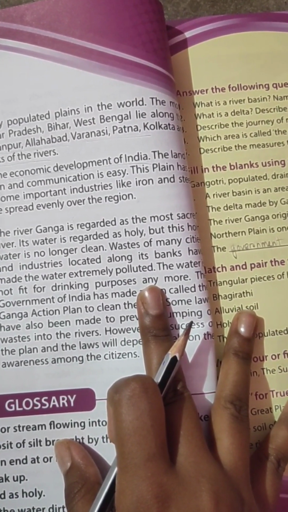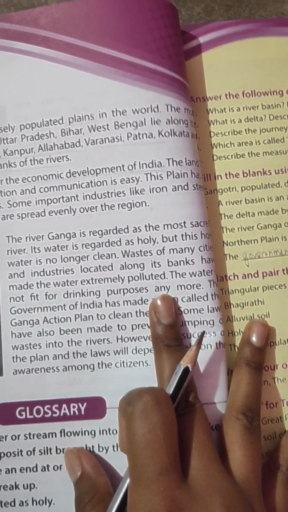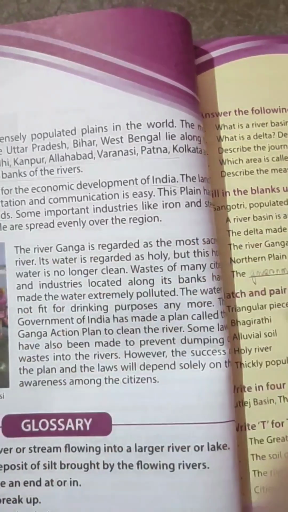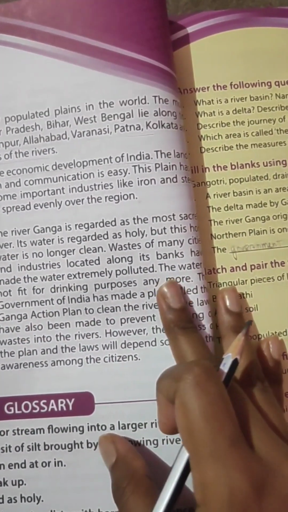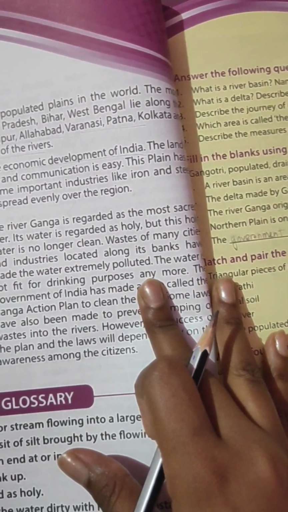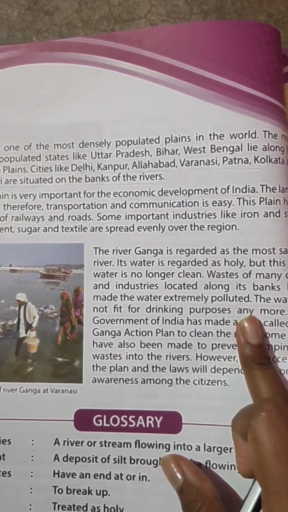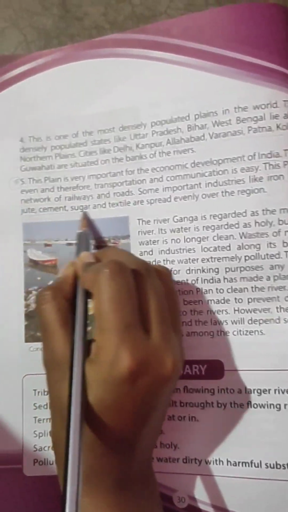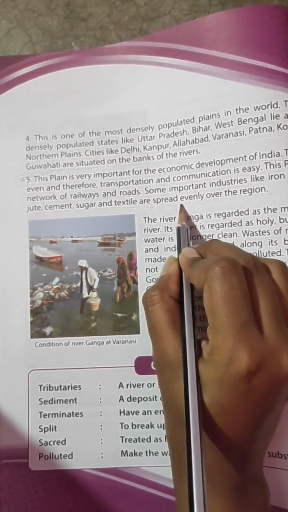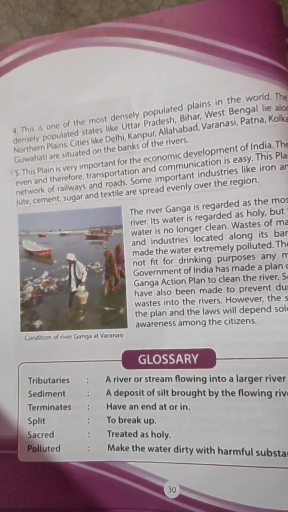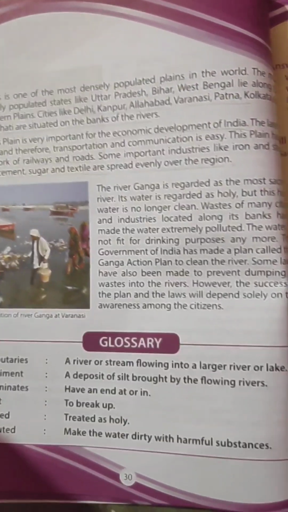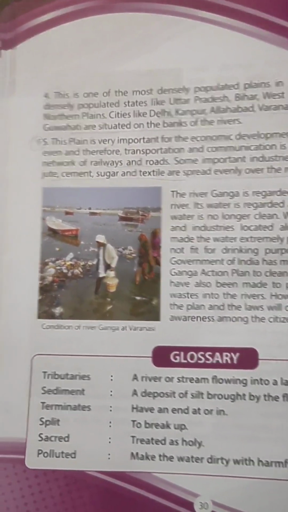The plain has a network of railways and roads. Some important industries like iron, steel, jute, cement, sugar, and textile are spread evenly over this region. See, these regions are very important. That's why you have this in your book.